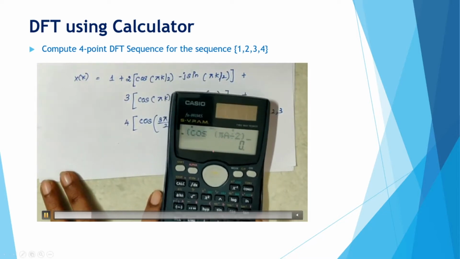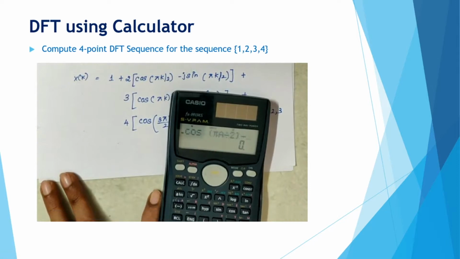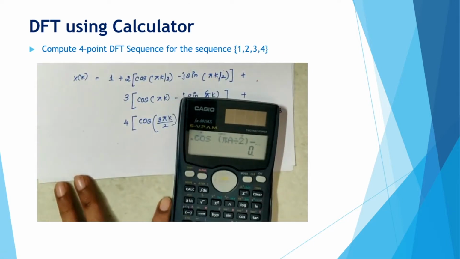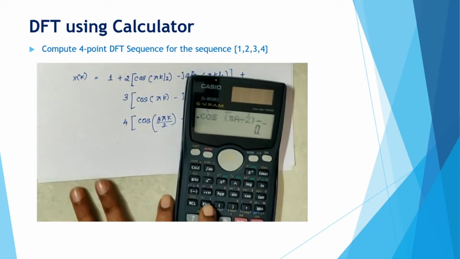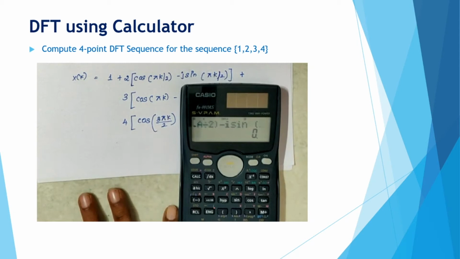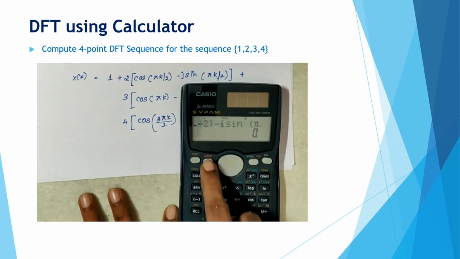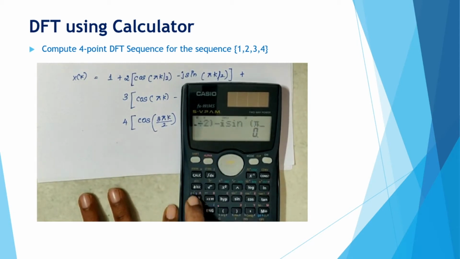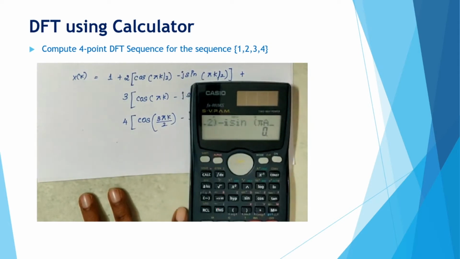So it is cos pi a by 2 minus j sine. Instead of j, I will use I. So I is here. I sine, open the braces, pi a divided by 2. Okay. The first term is over.